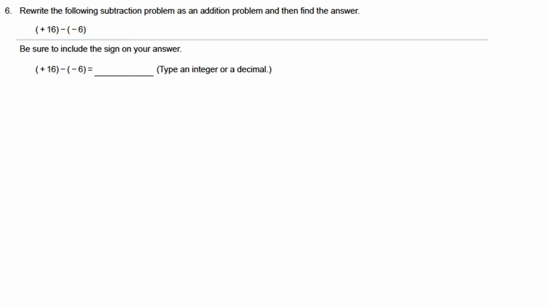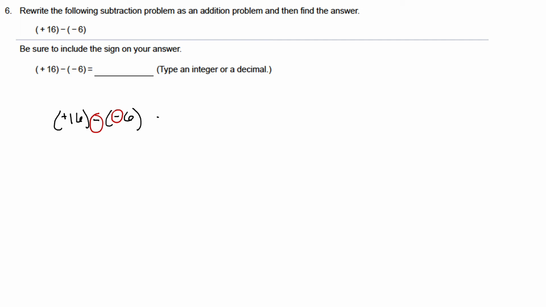Rewrite the following subtraction problem as an addition problem and then find the answer. We have positive 16 minus a negative 6. Whenever you see a minus a negative, so the minus sign and then a negative sign next to it, we can rewrite that with a plus sign.